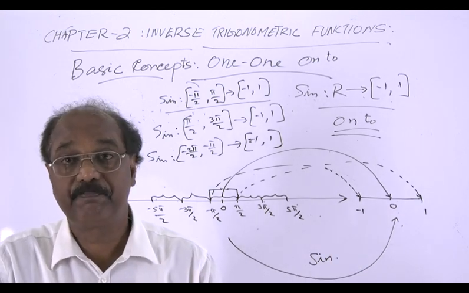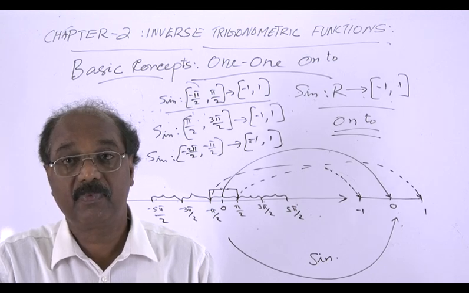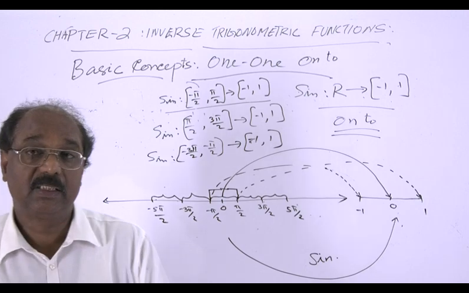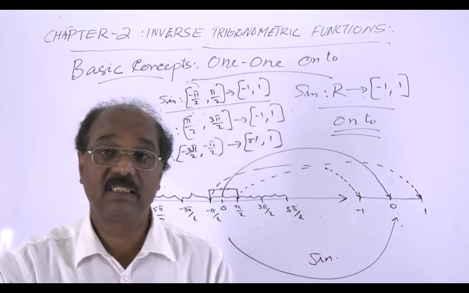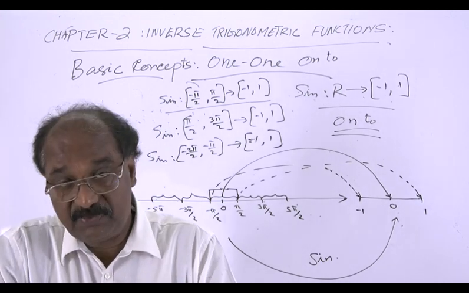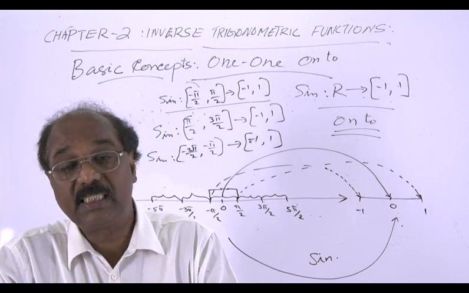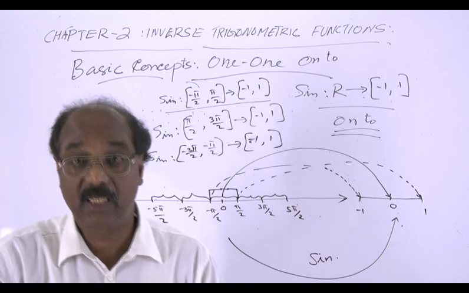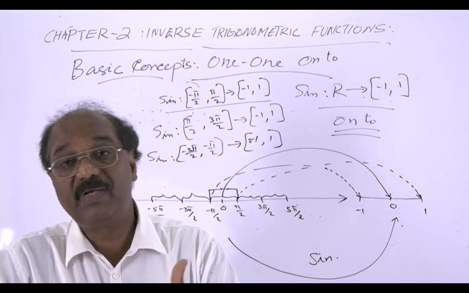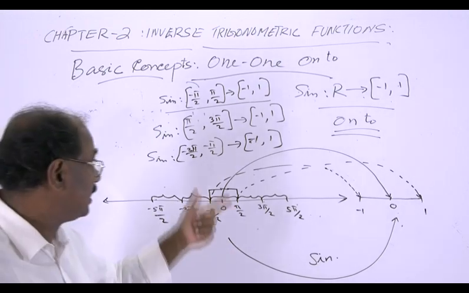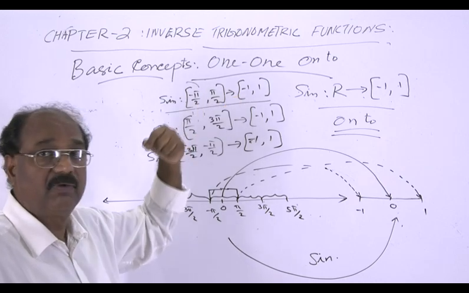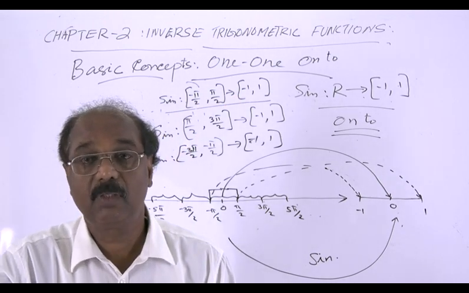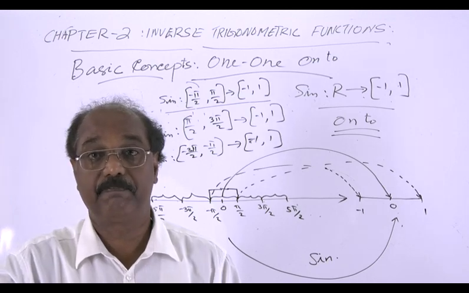So we can reduce this function to one-one onto functions in these intervals. We will always consider this principal value branch when we discuss the one-one onto sine function.